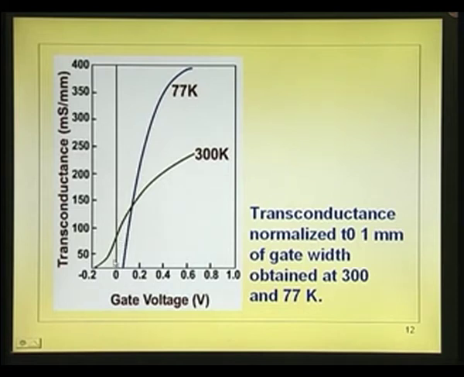Threshold voltage shifted to the right because of electrons not being available due to trapping and also carrier freeze out. Okay. And this is steep, it is not as steep. Transconductance is about 400 millisiemens per millimeter, transconductance is about 225.